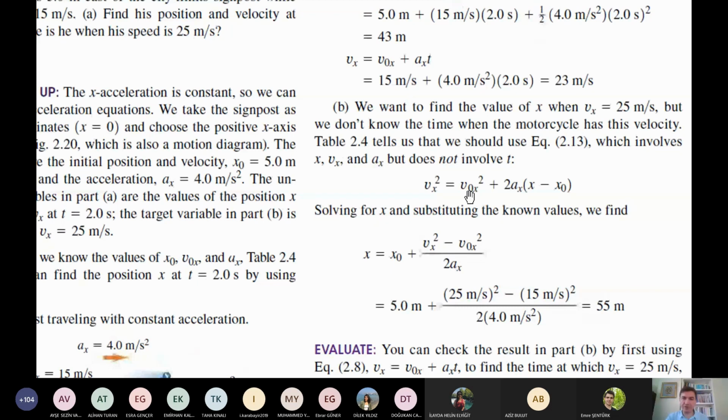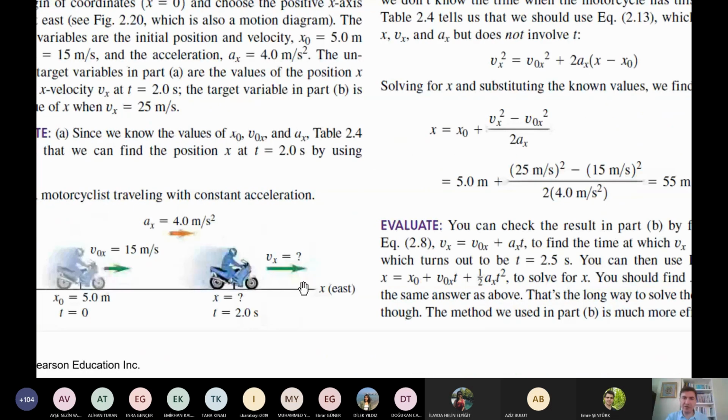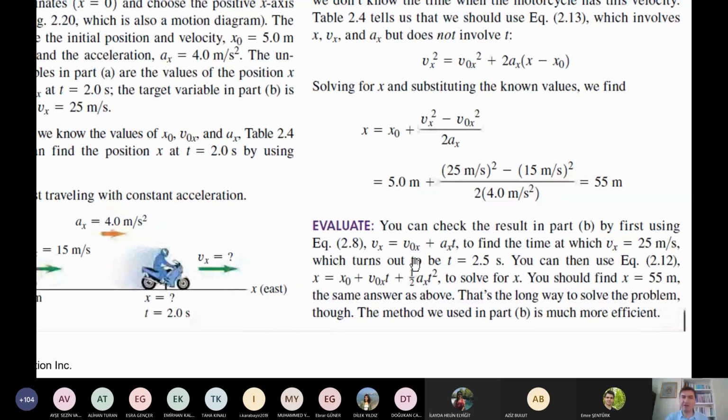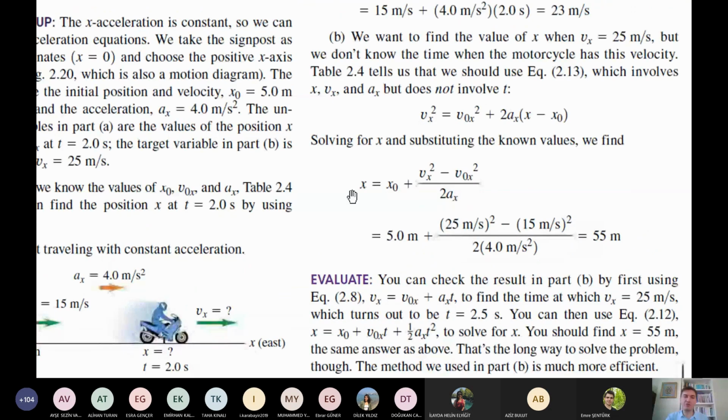So when the position is 55 meters, it has a velocity of 25 meters per second, okay? You can also use other equations and you can get the same result, but this is the fastest method, using this timeless equation of motion for constant acceleration.